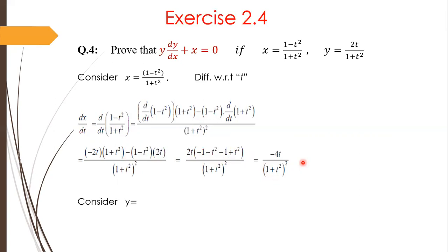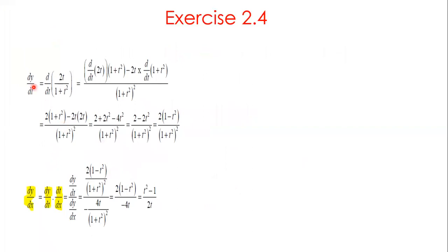Now consider y is equal to 2t over 1 plus t square. Also differentiate with respect to t. Why? Because t is the independent variable and y is the dependent variable, which means dy by dt is equal to d by dt of 2t over 1 plus t square. Here also we will use the quotient rule.